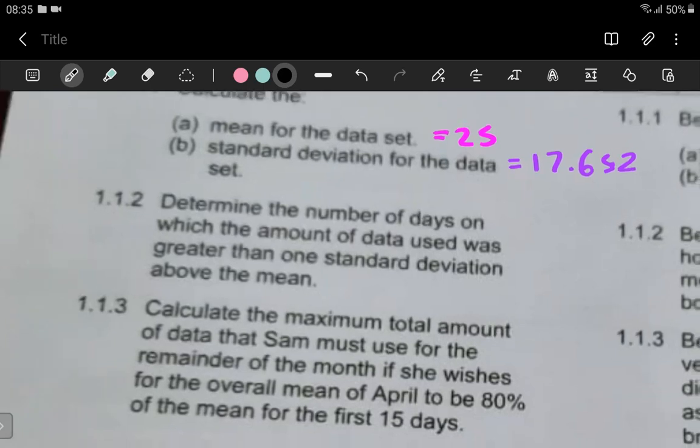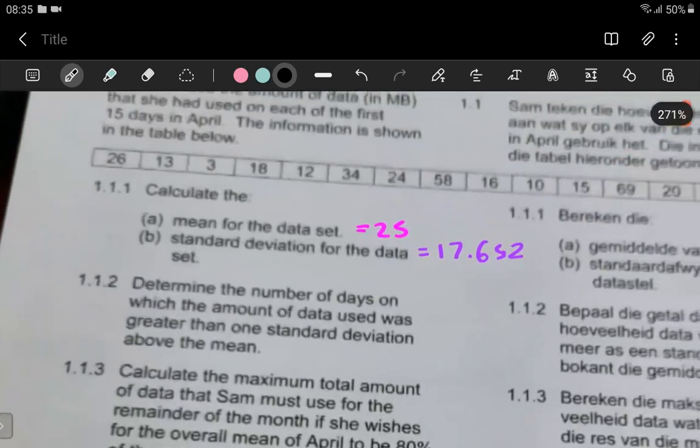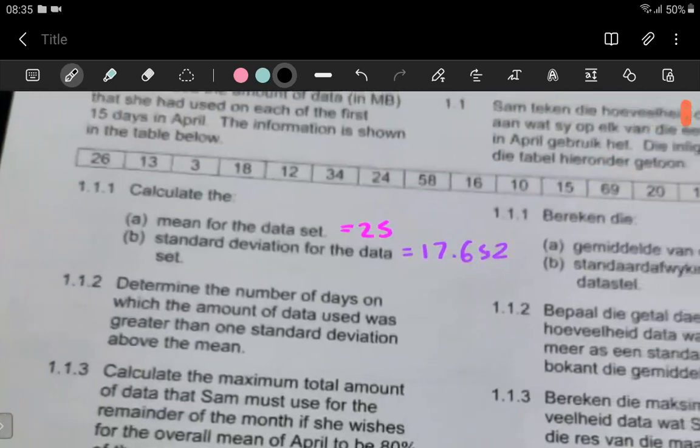Isn't your one standard deviation the one we just calculated? And then your second one is when you put it to the power of 2, and your third one is when you put it to the power of 3. Wait, hold on. Remember, one standard deviation is one of the standard deviation, right? So two standard deviations, would that be two of the standard deviation or the standard deviation squared?